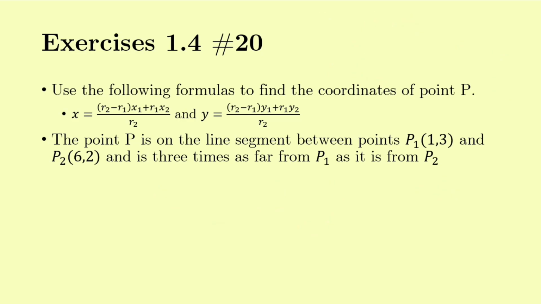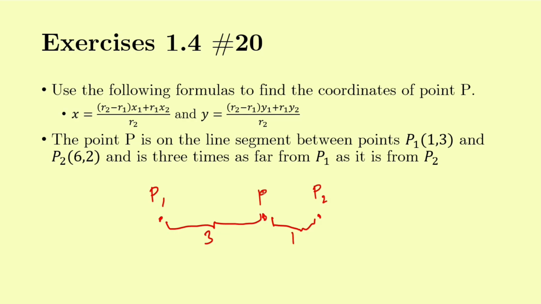So, let us solve this actual given. The point P is on the line segment between points P1 and P2 and is 3 times as far from P1 as it is from P2. So this one shall be 3 and this one shall be 1. Ganyan siya.